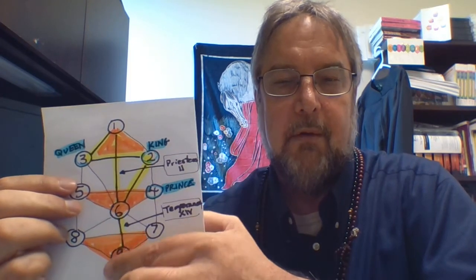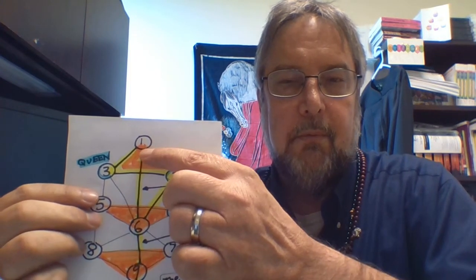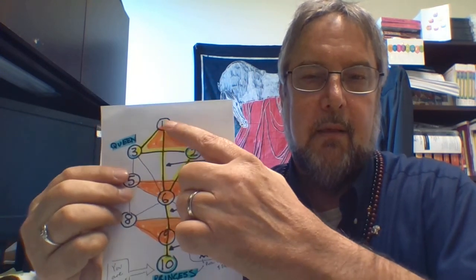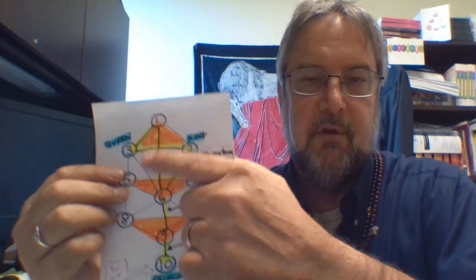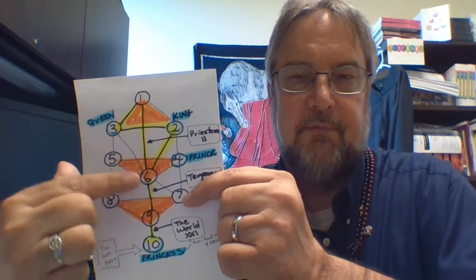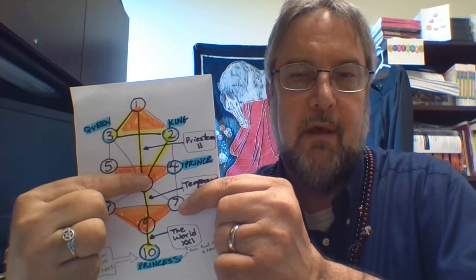Now there's 3 triangles, so these are formed in a similar way. Of course, the 6 is a reflection of the 1, but this triangle is a reflection of the 1 above the abyss.